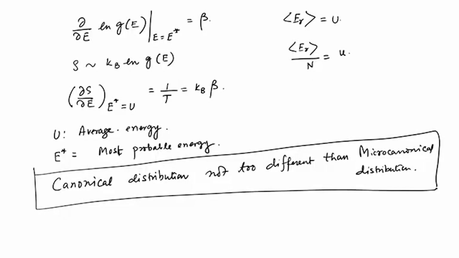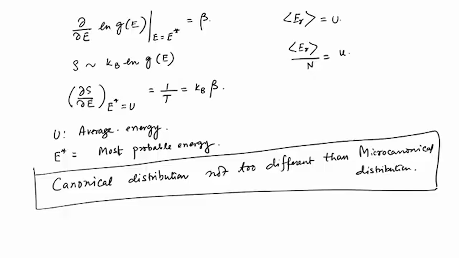In the canonical distribution, you say let us relax this condition, because energy is anyway not a measurable quantity. So, let us say that the energy is being exchanged between the system and the surroundings or the heat bath or other members of the ensemble, and hence come to an equilibrium.